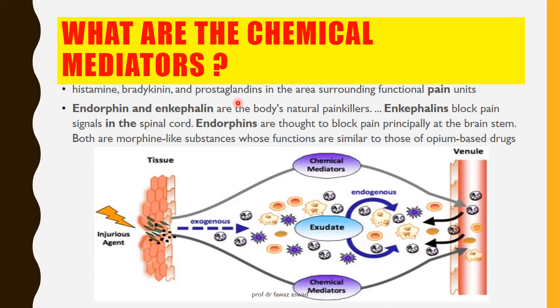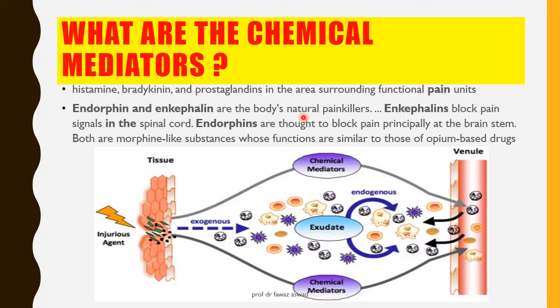Enkephalin is going to block pain signals in the spinal cord, while another painkiller produced by the body is called endorphin. And these substances, or mediators, are going to block pain principally when they reach the brain stem.